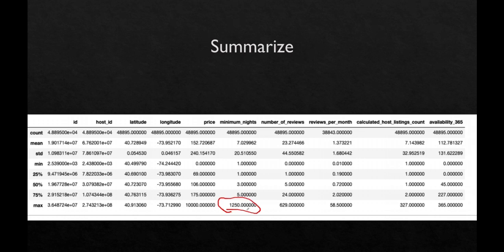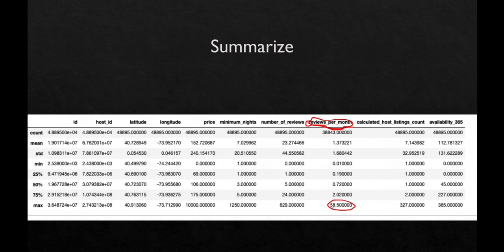All right, now let's look at some other data. Number of reviews per month, right here. Now the low would be none. I don't know how you have a partial review or if this is just an average, whatever, but someone has 60 reviews per month.